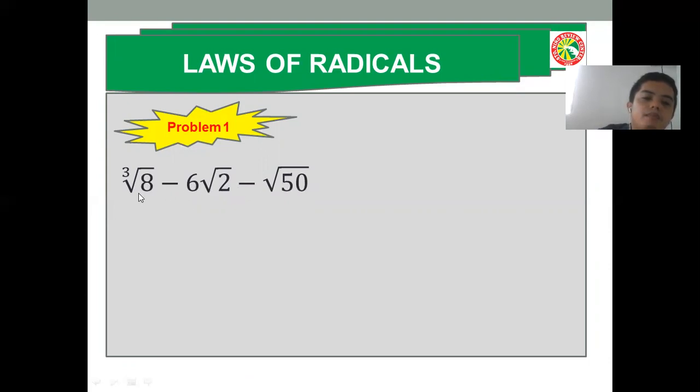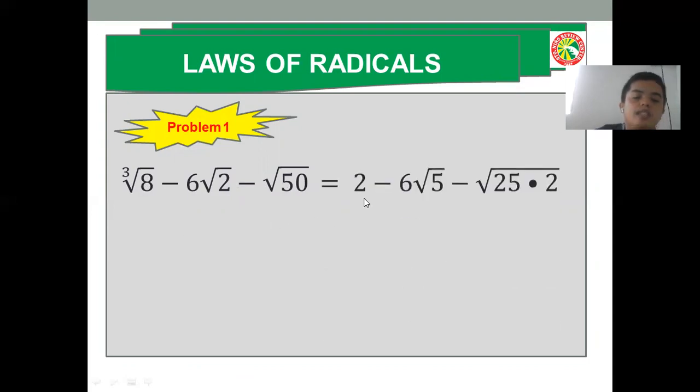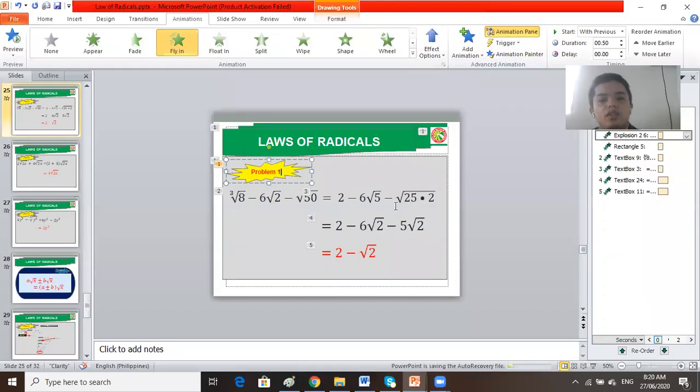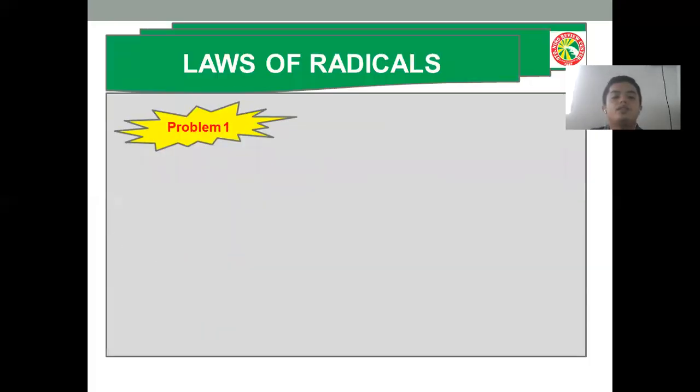But if you simplify cube root of 8, this can be written as 2, because 2 times 2 is 4, times 2 is 8. Then this is 6 square root of 2.